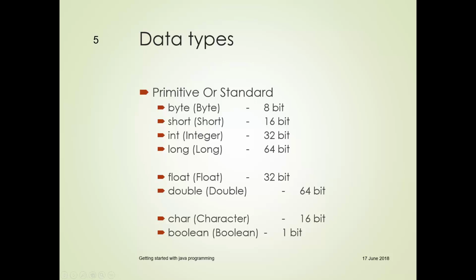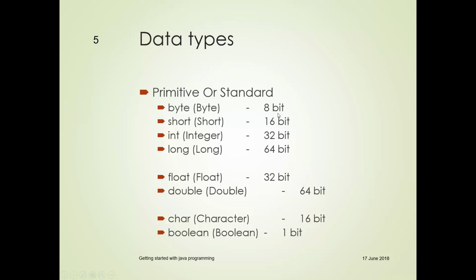Now primitive or standard data types are the data types that we use in our day-to-day programs, and which vary as per their size and type of data. For example, the byte data type in Java is the smallest data type that we use in Java programs, having a size of 1 byte.